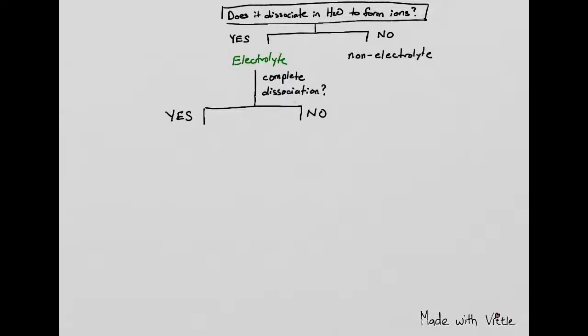Once you determine that the substance is an electrolyte, the next question is, does it dissociate completely when you put it into water, or does the majority of it dissociate? If the answer is yes, then you have a strong electrolyte. If the answer is no, then you have a weak electrolyte.